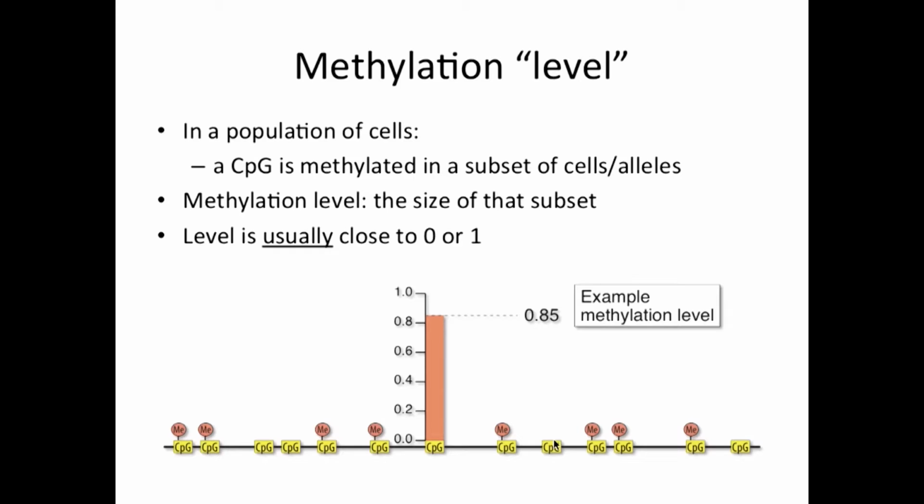So normally we see methylation levels approaching 0 or approaching 1, as a fraction of Cs that are actually methylated at a given site.